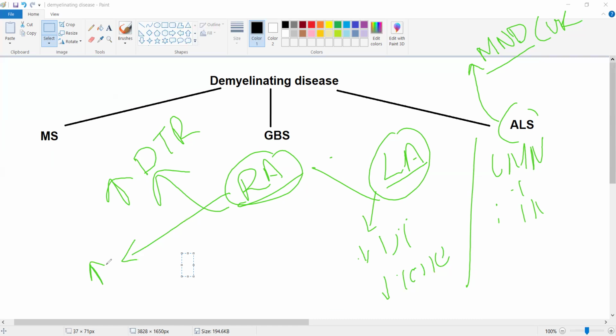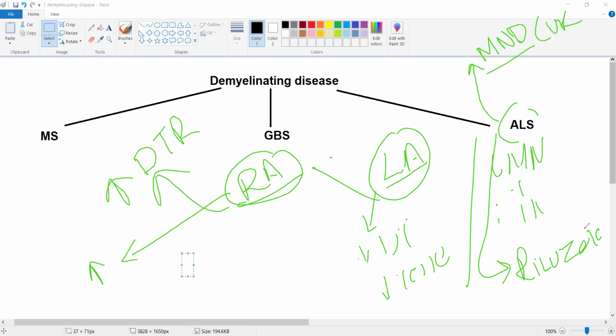Some researchers say that in the pathophysiology of ALS there is excessive glutamate. So some drugs, like riluzole, will decrease the glutamate activity, right?